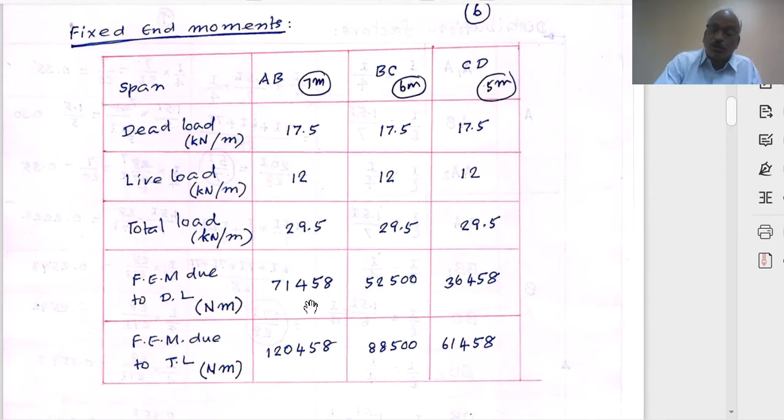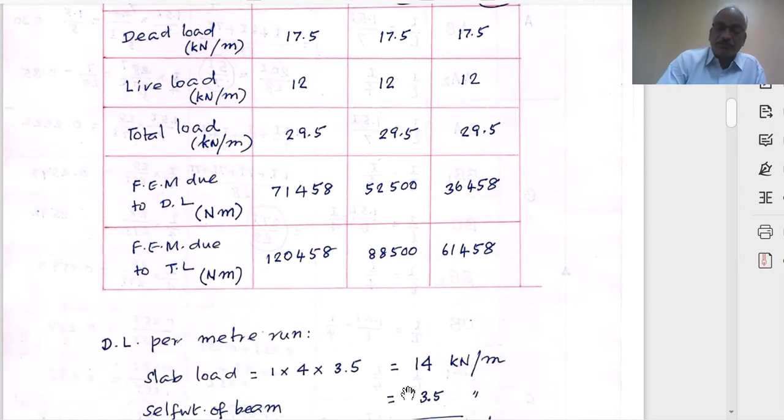So one is due to the dead load only, the other one is due to the total load. These values we are going to use repeatedly in all problems. But which span is to be loaded with the dead load, and which span is to be loaded with the total load, we have not discussed earlier, we are going to discuss now.